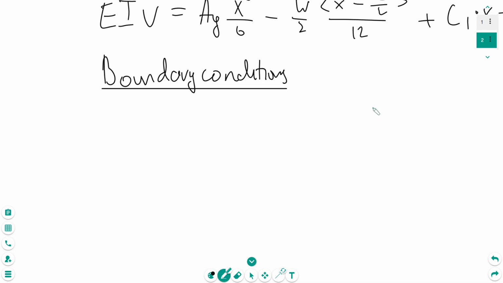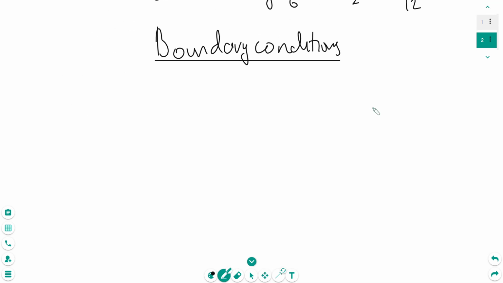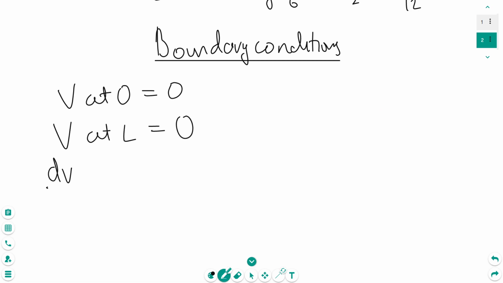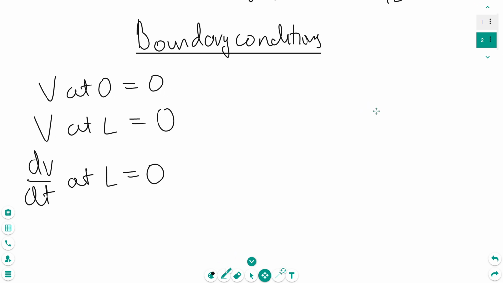If I can summarize this, I say that we have v at x = 0 is equal to 0, v at L is equal to 0, as well as dv/dx, which is the angle at L, is also equal to 0. So let's look at the equations that we can come up with from this.